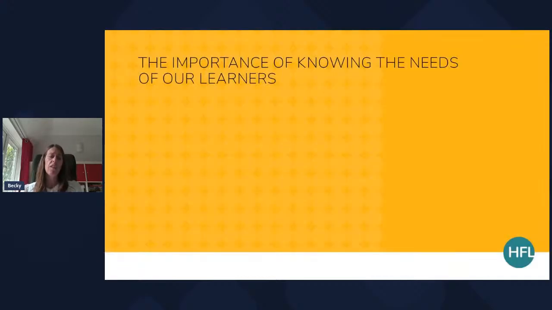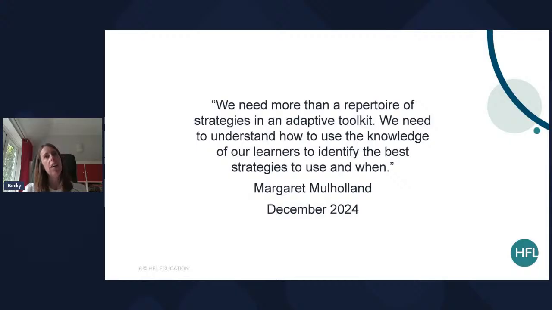I wanted to start off here with the importance of knowing the needs of our learners. This is a really key starting point before we think about our toolkit. And there's a useful quote here from Margaret Mulholland that she wrote recently for TES.